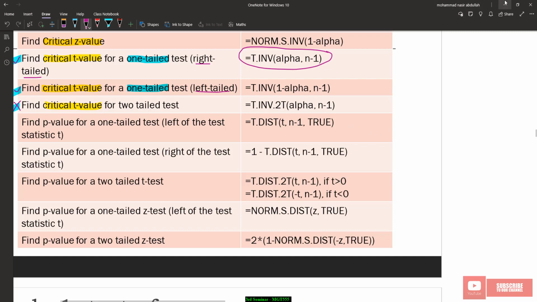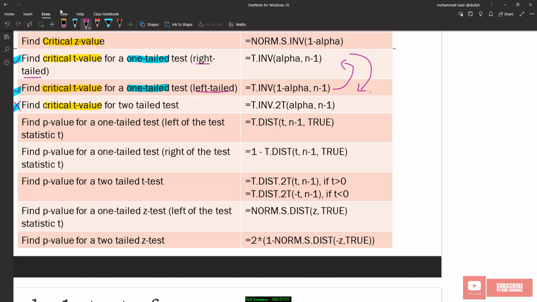For right tail test, dia terbalik kat sini. Sepatutnya I salah tulis. I terbalik kat sini, okay. This is not alpha. Sepatutnya dekat sini for a right tail; this is for left tail.